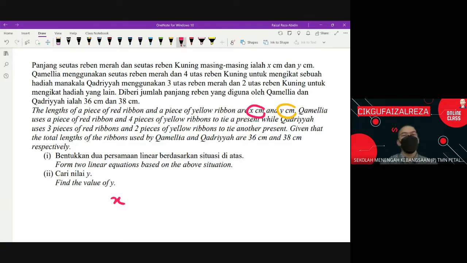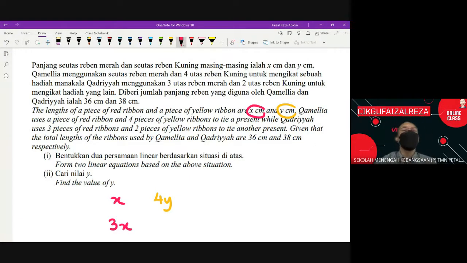And then she also used 4 pieces of yellow ribbons, means 4y. Kadria used 3 pieces of red ribbons, so for Kadria, 3x.